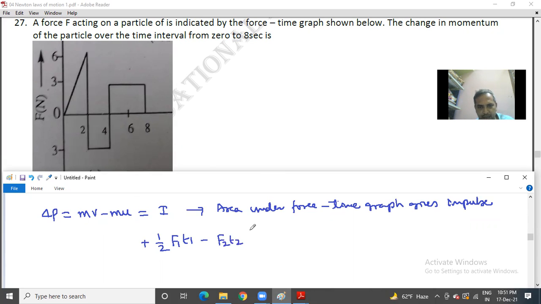Now this is again in the positive y direction. So therefore plus F3 T3. Remember, area of the triangle is half into B into H. Also area of the rectangle is L into B.